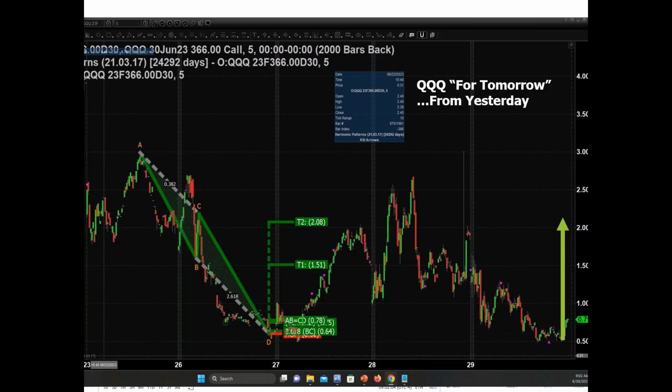QQQ is now up 6. That's a remarkable move for the Qs. SPY's up 48. And even stuff like NVIDIA, well, I'll get to that in a second. That's now up 15, where those contracts are now insane.